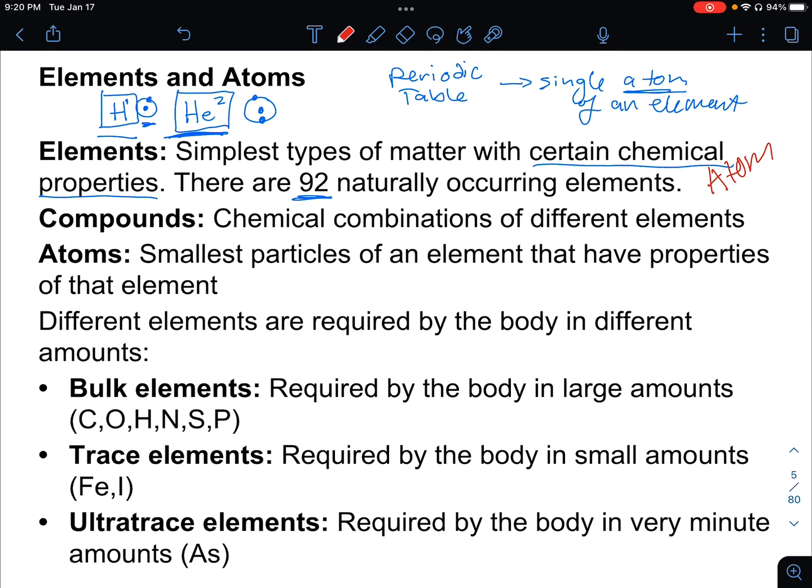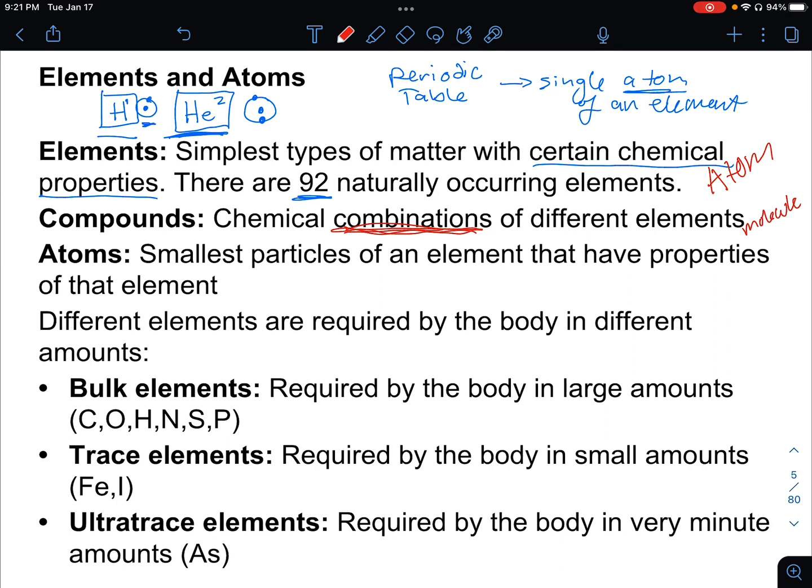If we take a combination, so probably one or more atoms together, what's the definition of two or more atoms? Yep, that's going to be a molecule. So this is starting at a molecule. This can go up. A compound can be chemical combinations of different elements. That means we can have a hydrogen and a helium making a molecule, because that is two atoms, two or more.